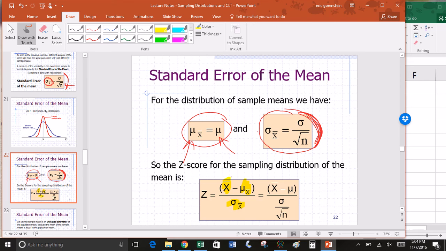And that becomes what we have here on the right. So we're basically plugging in this guy here and this guy down here. So now this becomes a very similar situation to what we've done previously with the probabilities relating to the normal distribution.